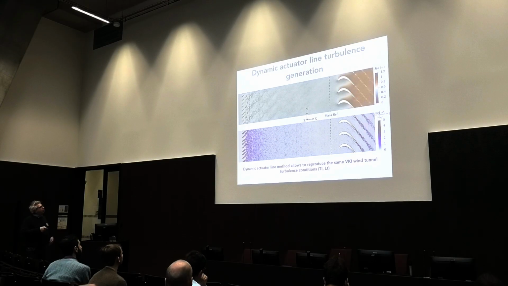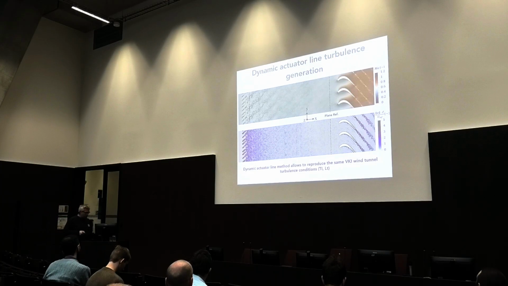You see that the flow is incoming like that, the rods leave a wake, and these wakes are mixed and generate homogeneous turbulence upstream of the test section. So the dynamic actuator line method allows us to reproduce the same von Karman wind tunnel turbulence conditions. We worked quite hard to have the correct level of intensity in the reference plane and also the correct length for the turbulence structures.